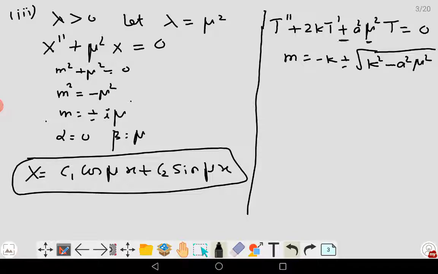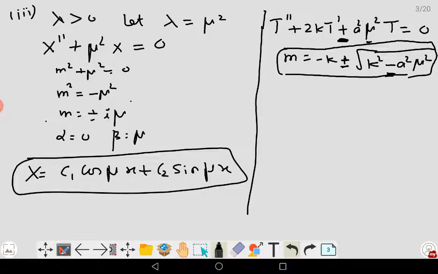This won't be plus, because in the previous case it was negative here, so it was positive there. Now it is positive here, you will get negative here, and 2 will be divided. Check the method. So you get m slightly different from the previous one. Here it is negative under the square root, isn't it? So the solution of t depends upon the term inside the square root.